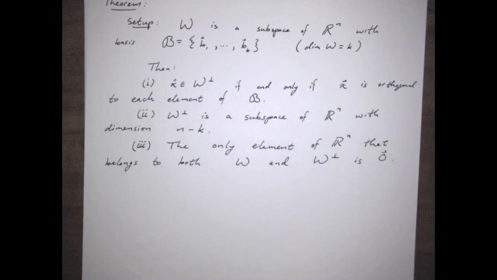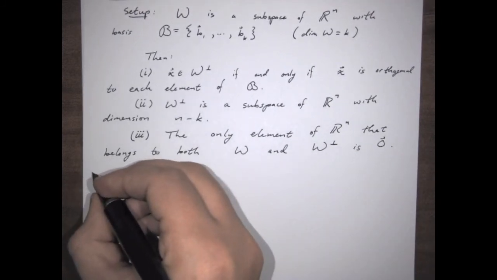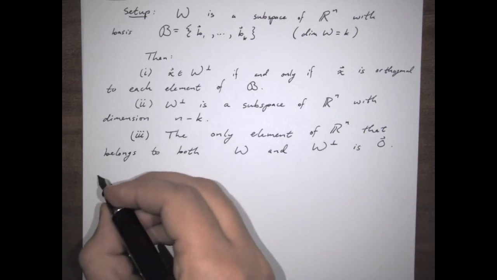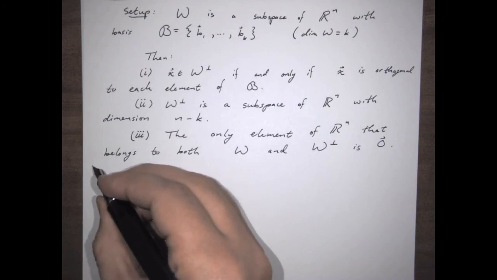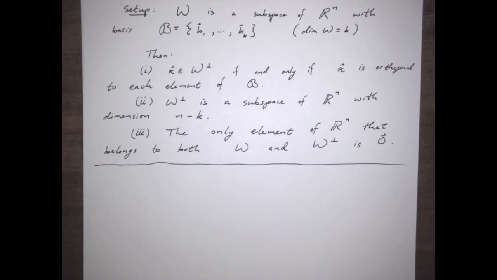Only the zero vector belongs to both of these subspaces. Because they're both subspaces, they both must have 0. But that is their general obligation as subspaces, but they do not go above and beyond that. All they share is the zero vector.